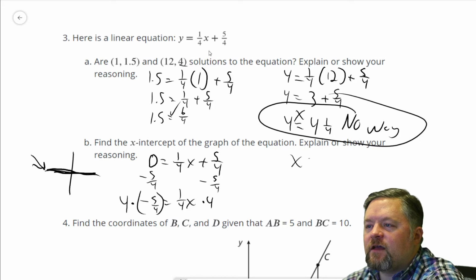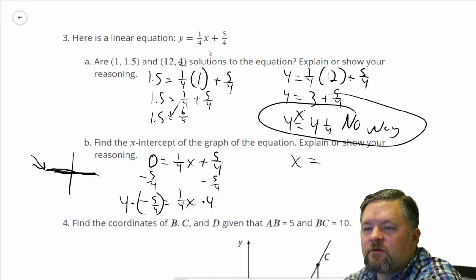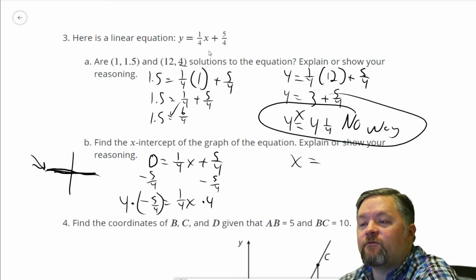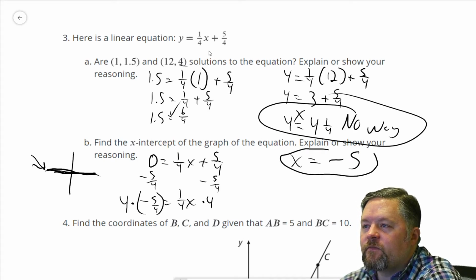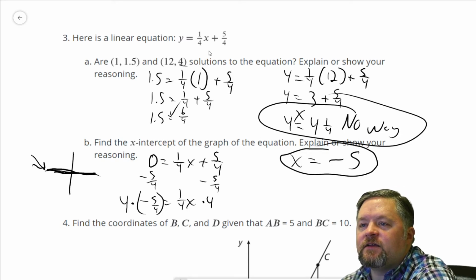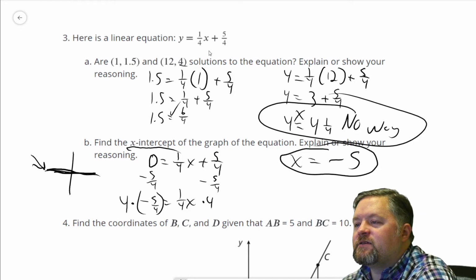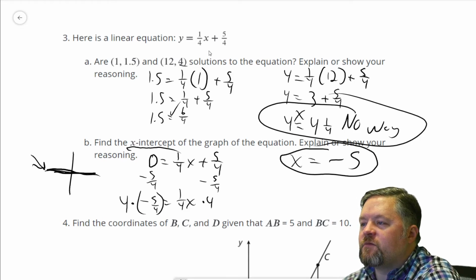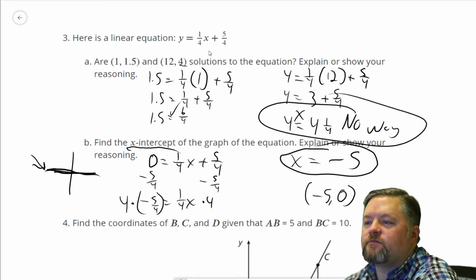We are left with x equals 4 times negative 5/4. Hey, look, we're again multiplying and dividing by 4. Those will cancel. We're left with just the negative 5. The x-intercept is negative 5, which is the point (negative 5, 0).